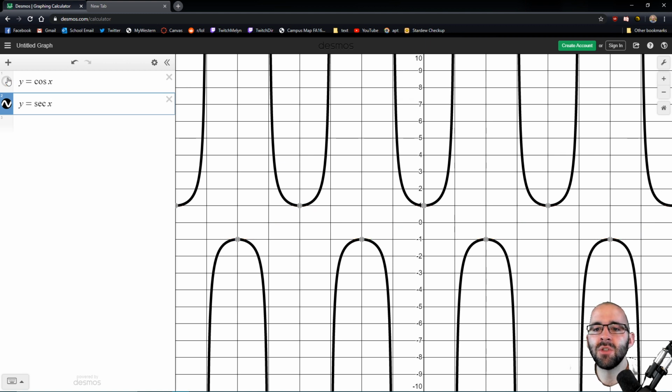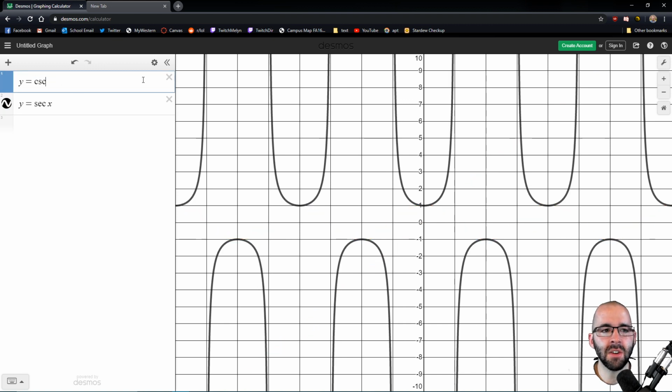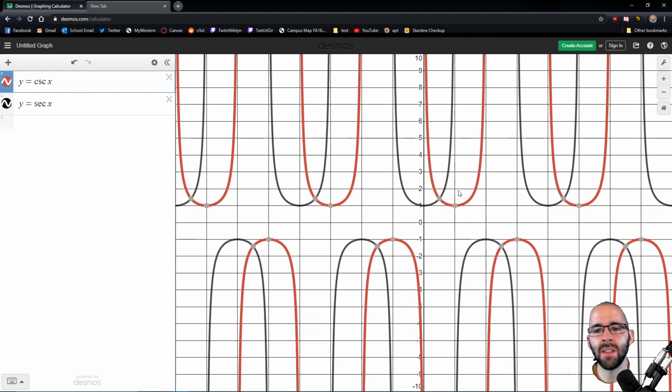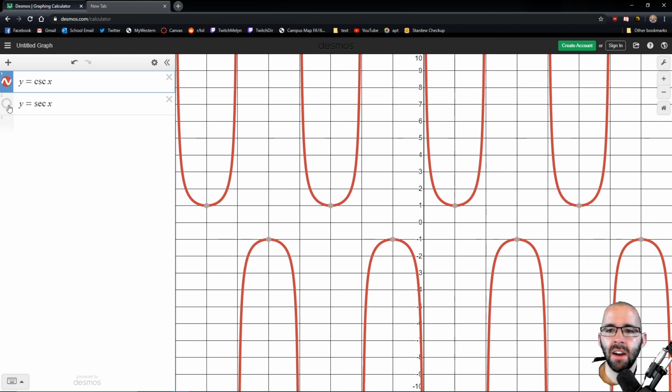So this is the exact same shape, but the asymptotes are in different places, okay? We can look at them together, right? Secant and cosecant, the red and the black, they're almost exactly the same. Red is just shifted over a little bit.